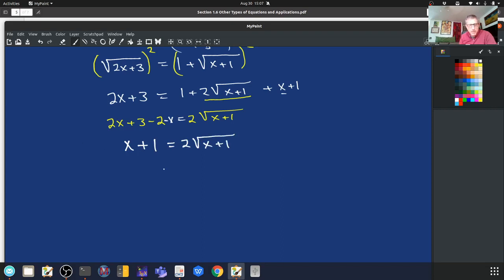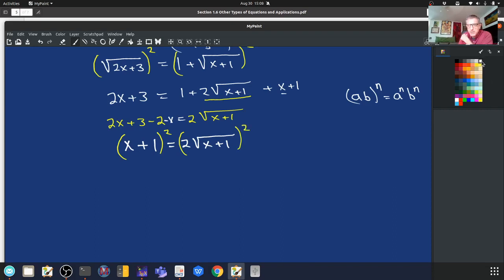And here I'm going to remind you of another exponent rule. If I have a product a times b, and I raise it to the nth power, that's equal to a to the nth times b to the nth. I'm going to use it right over here. So we've got to square our way out of this until we don't have any radicals. Each time I'm squaring, I'm adding more solutions.